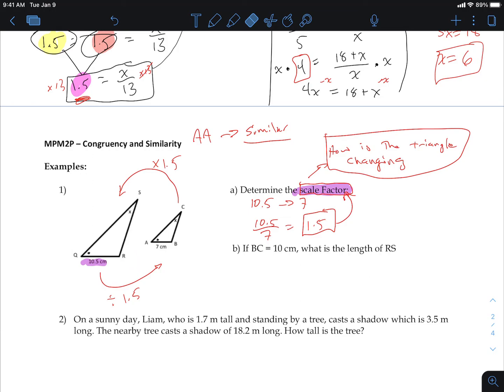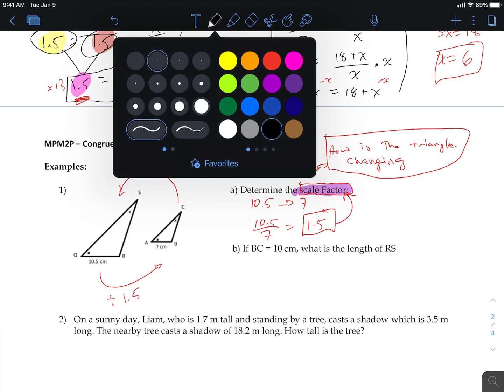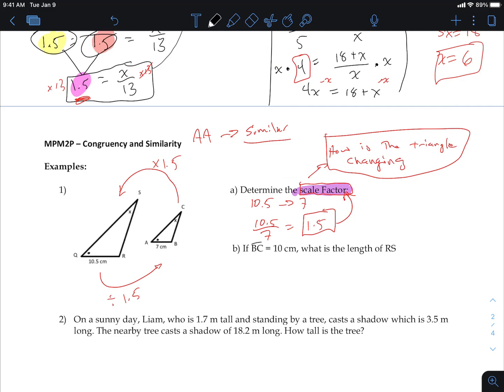It's now told me, okay, in the second part here, side length BC is 10 centimeters. Okay, well, where is BC is the issue, right? Which is why we went over this at the beginning of the lesson. Where is side length BC? Side length BC is right here, from B to C, right? And so we're saying side length BC is 10 centimeters.